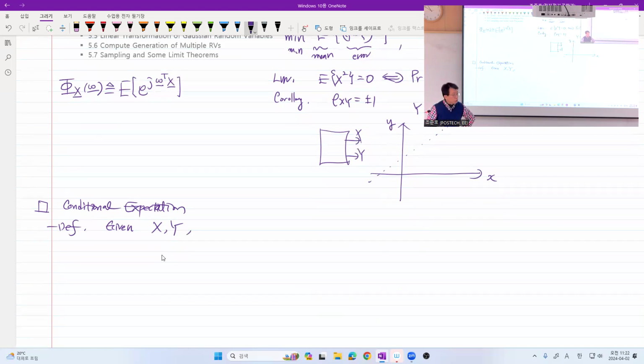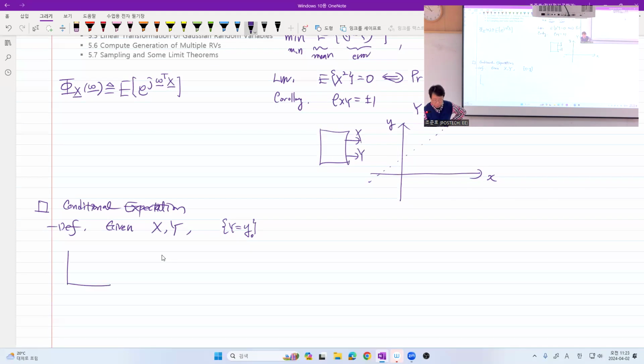But when we do some conditioning, what is given? A random variable is given or an event is given? An event is given. So we have to think about some event. And here we specifically consider a point condition. So suppose that we have observed some y0.